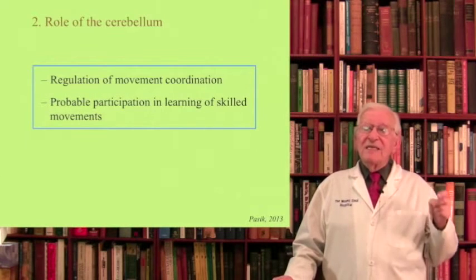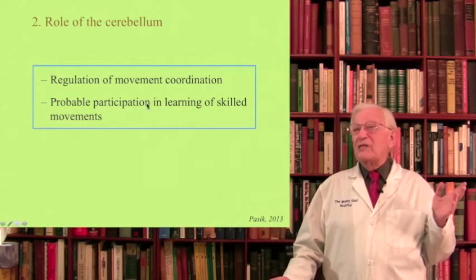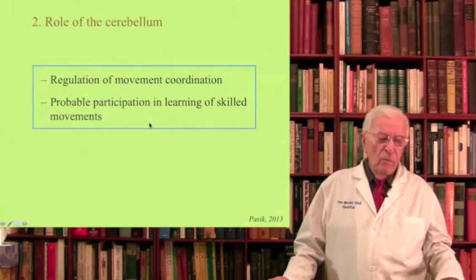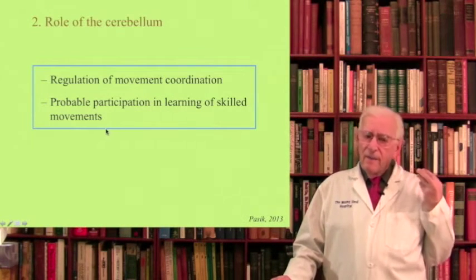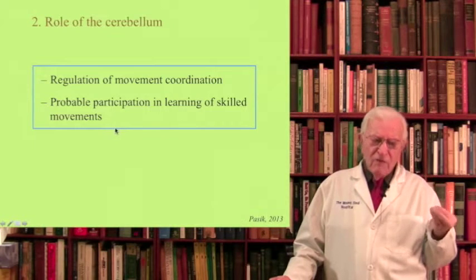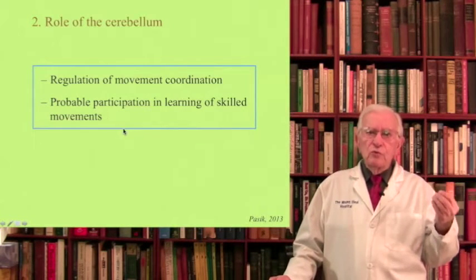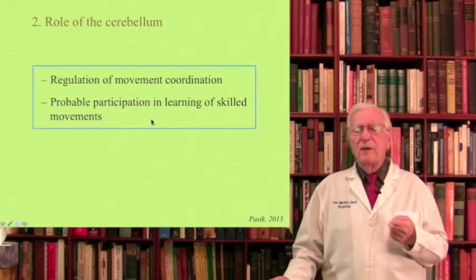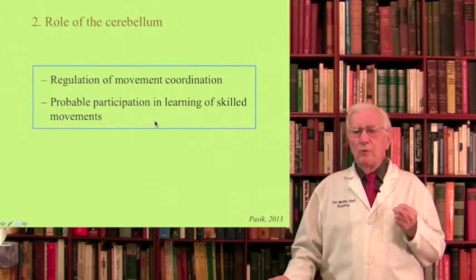But in addition to that, which is the classical role of the cerebellum, more recently the probable participation of the cerebellum in the learning of skilled movements has been defined to a great extent.